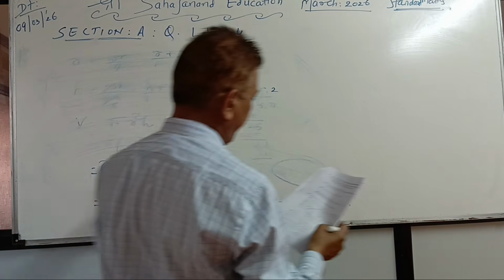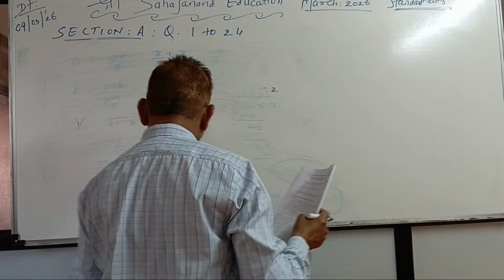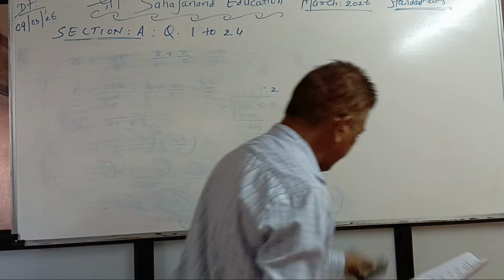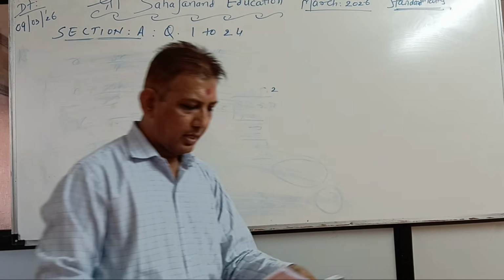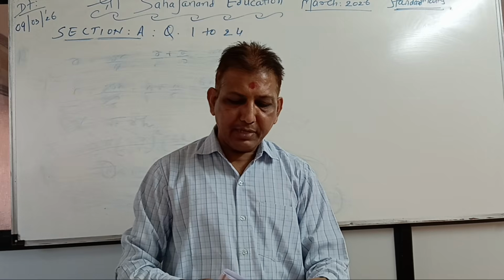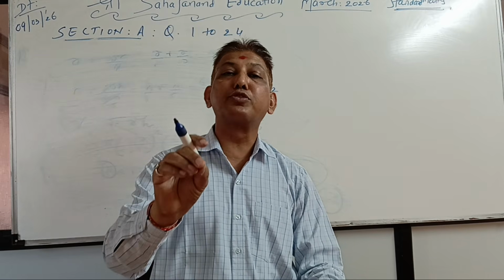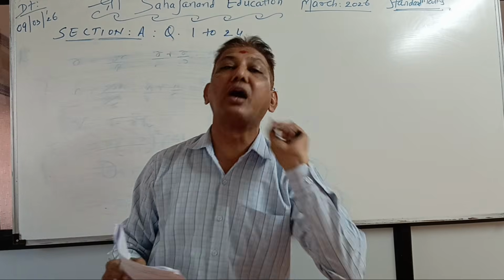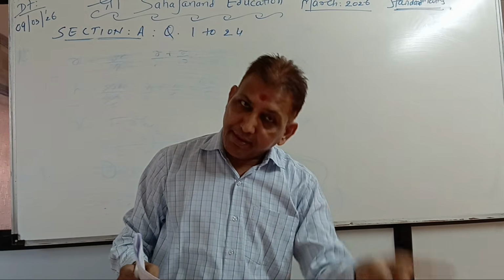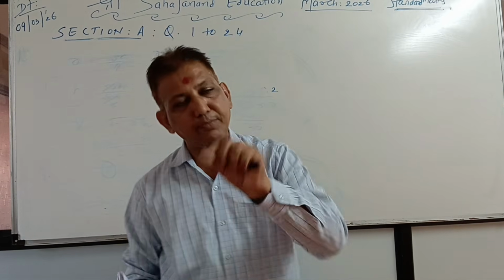Next question. 18 is also a difficult question. What is the combined mean of prime numbers and composite numbers among the first n natural numbers? We take the prime numbers and composite numbers. We do not take 1 here, because 1 is not a prime number and 1 is not a composite number.